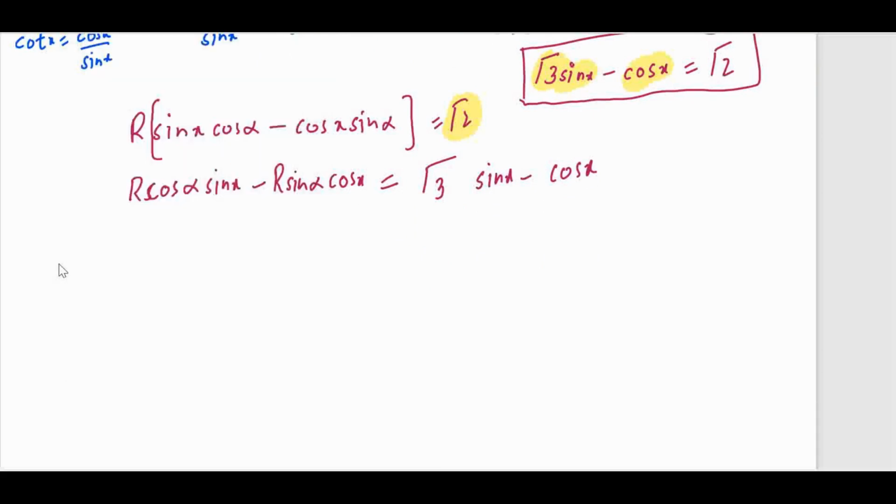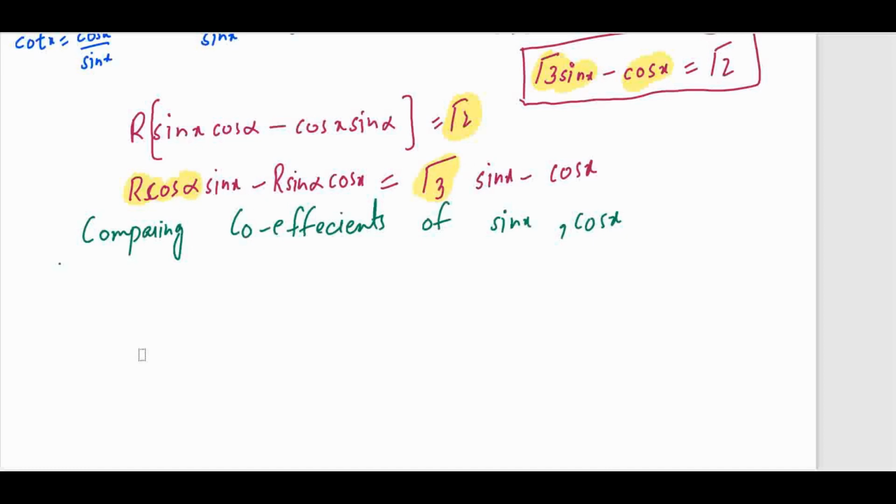If we compare the coefficients of sine of x and cos of x, now on this side the coefficient of sine of x will be r cos alpha, and here this will be square root of 3.